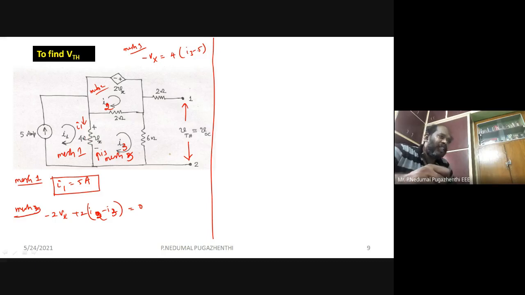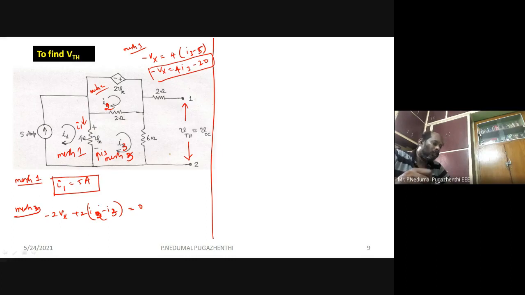I1 is 5, because we know that I1 is equal to 5, I place it like minus Vx is equal to 4 into I3 minus 5. Or I can write it like minus Vx is equal to 4 into I3 minus 20. So this relation, you keep that in mind.